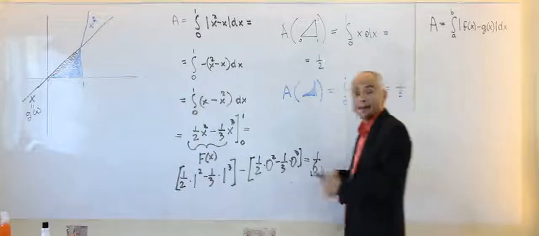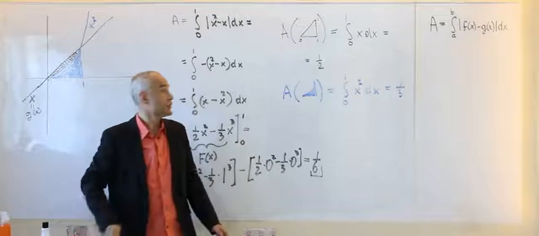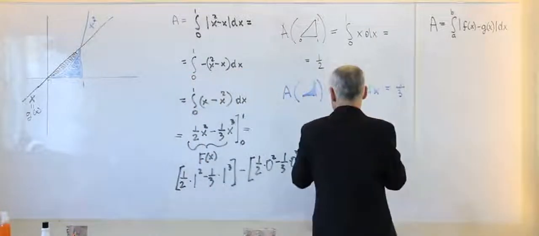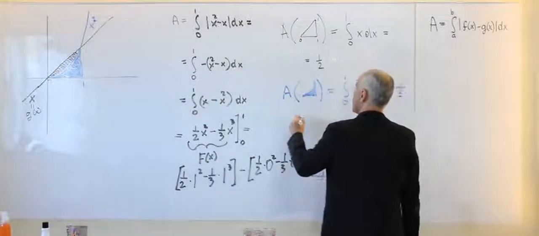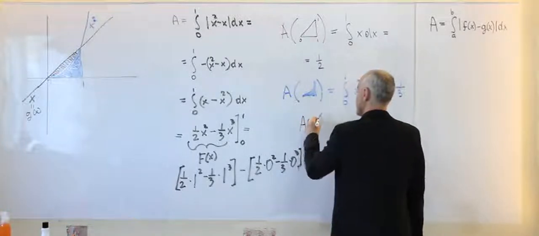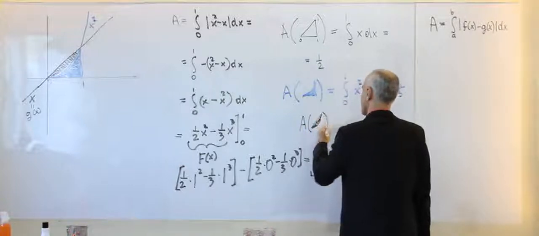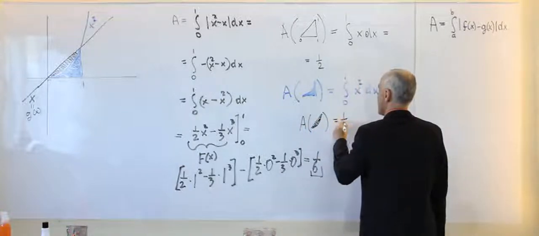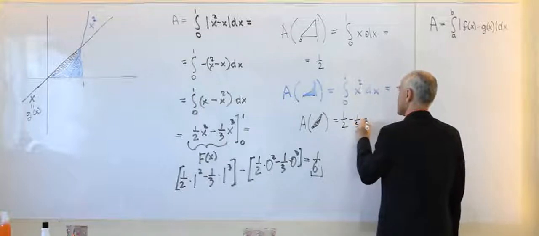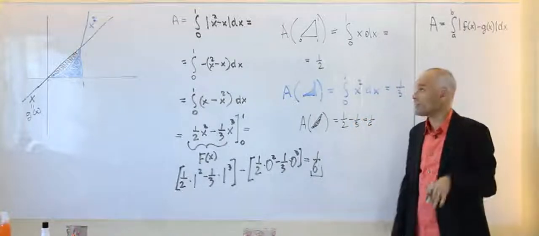Okay, so the area of that thin black piece then will be the difference of these two areas. So then our area of this thin piece will be 1/2 minus 1/3, which is 1/6. So we got the same number. And Monica is correct.